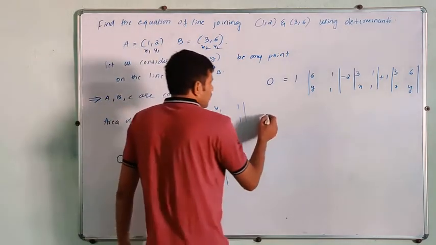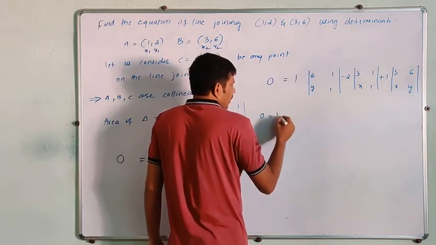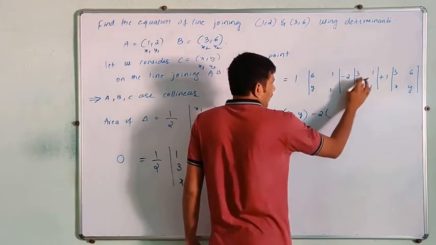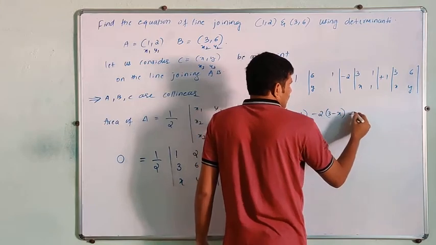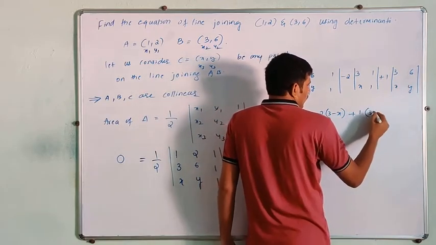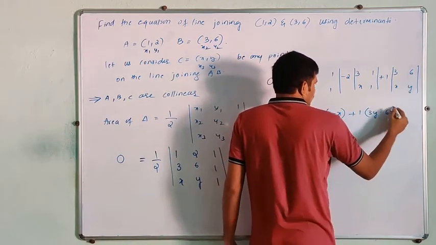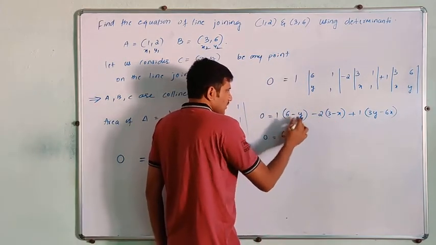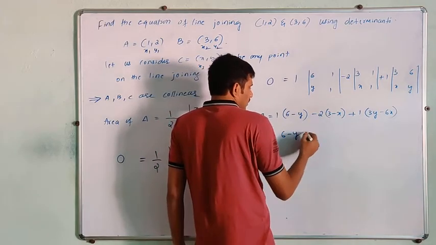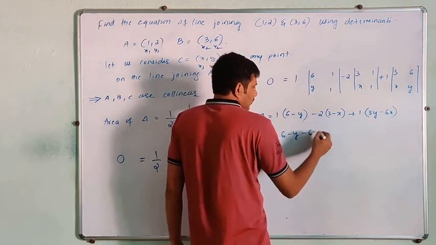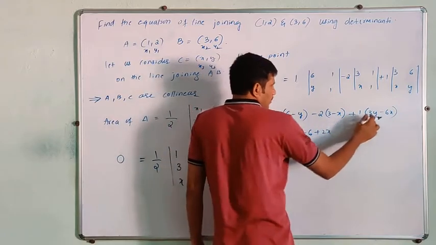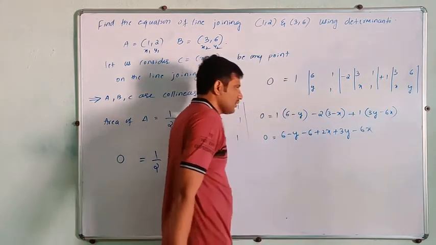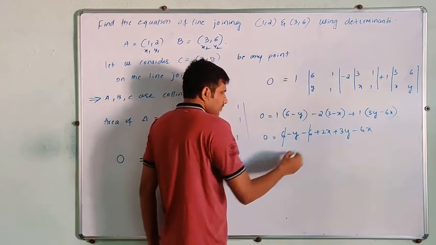Now 0 is equal to 1 into bracket, 6 into 1 is 6 minus y, minus 2 into bracket, 3 into 1 is 3 minus x, plus 1 into bracket, 3y minus 6x. Therefore 0 is equal to 6 minus y, minus 2 into 3 is minus 6, minus into minus is plus 2x, plus 3y, minus 6x. The plus 6 and minus 6 get cancelled.